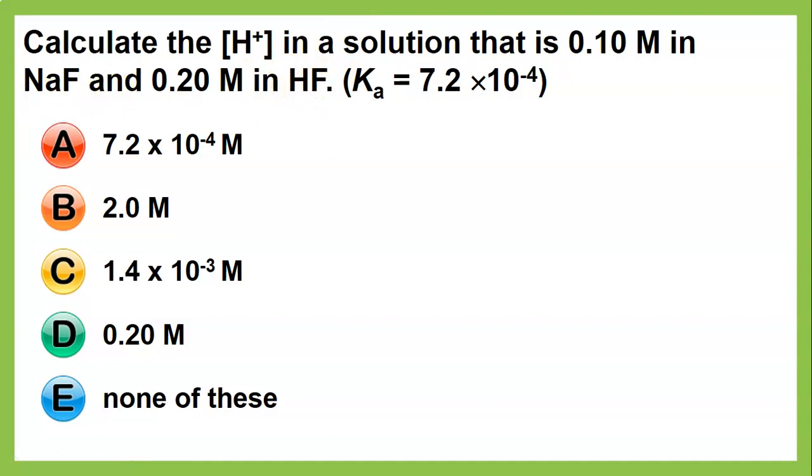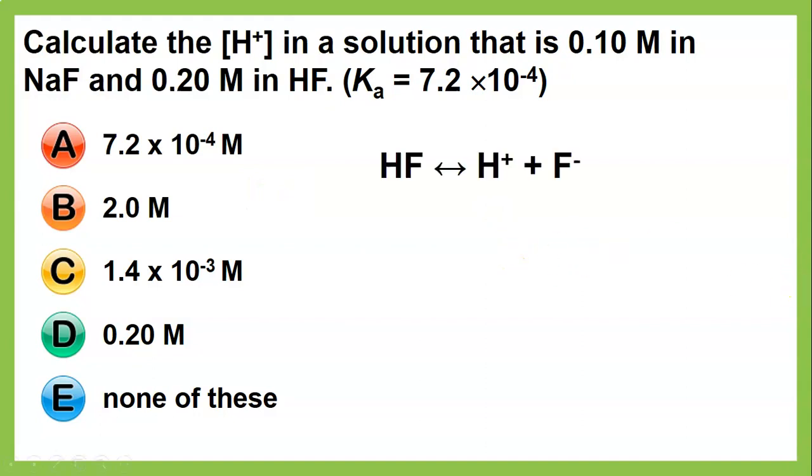And one of the things that a lot of students forget is that hydrofluoric acid is considered a weak acid. It's not strong. That kind of throws people off because things like hydrochloric are strong, but hydrofluoric is not. So this is a weak acid and a salt combo that came from it.